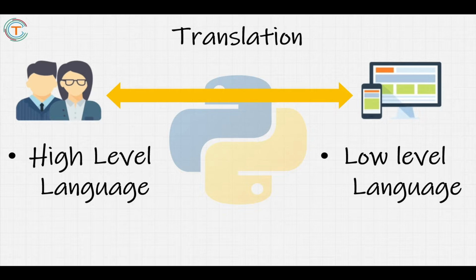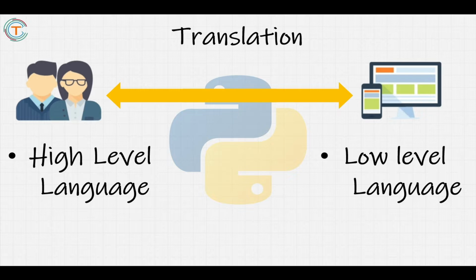Python, C Sharp and Java are high level languages, and assembly language is considered a low level language.